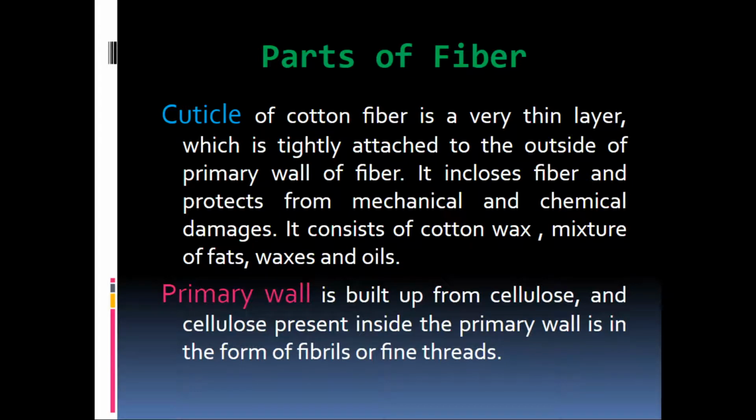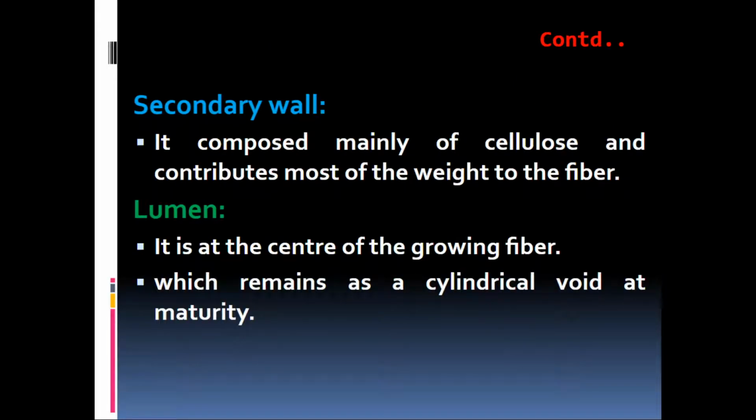And next is the primary wall. Actually, it is built up of cellulose, and the cellulose present inside the primary wall is in the form of fibrils or fine threads. That means the fibrils or fine threads are made of cellulose.